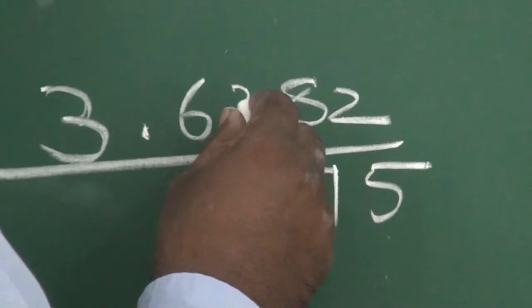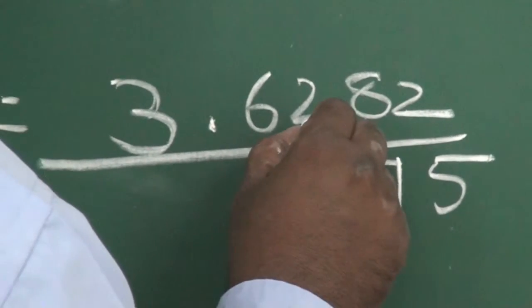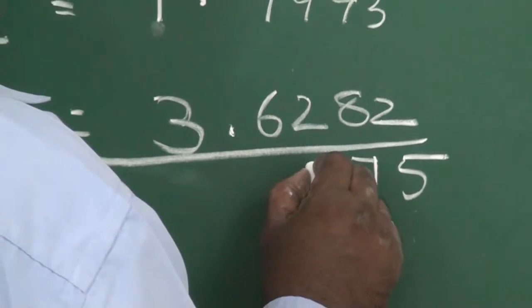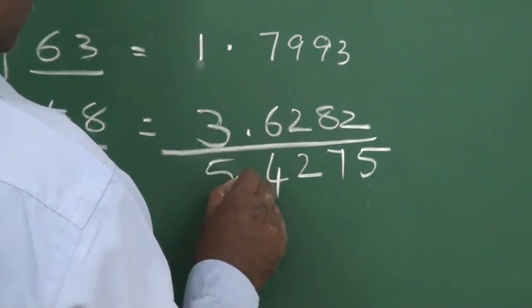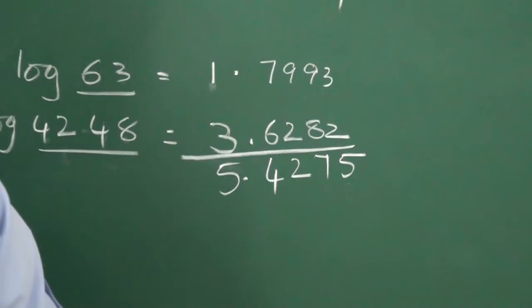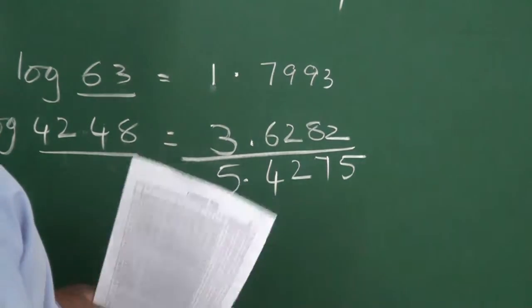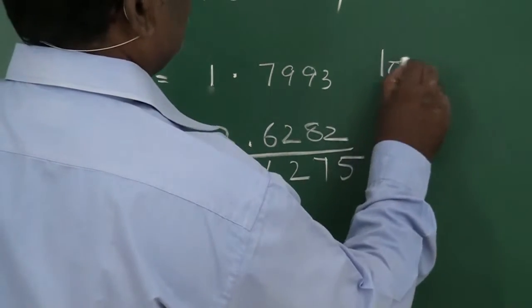Since it is a multiplication, add these two: 1.7993 plus 3.6282 gives 5.4275.